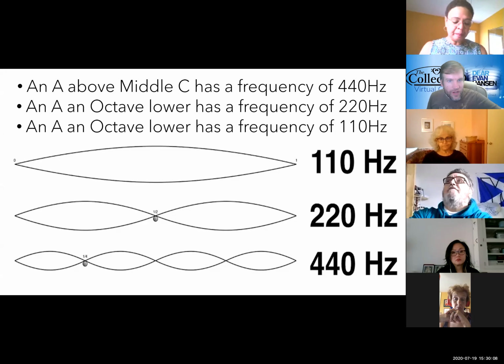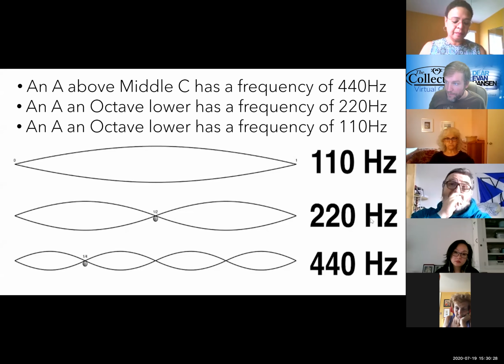First and foremost, imagine that this is basically like a guitar string, fastened at either end, and the vibration goes up and down. If that was what the vibration looked like, that's 110 hertz.